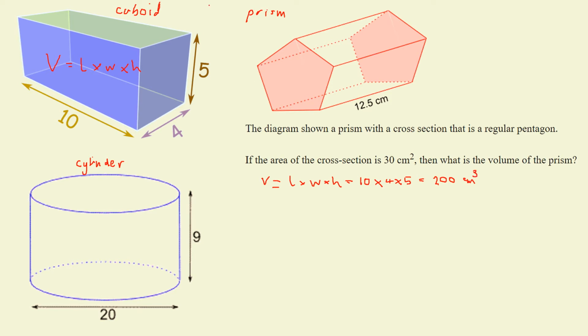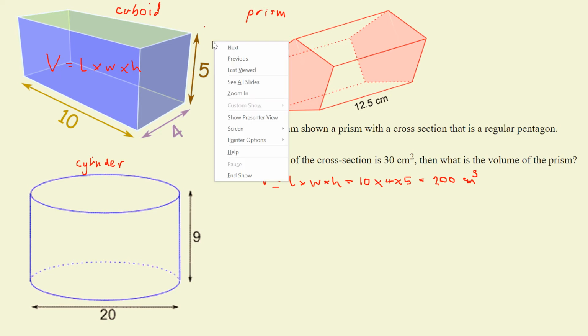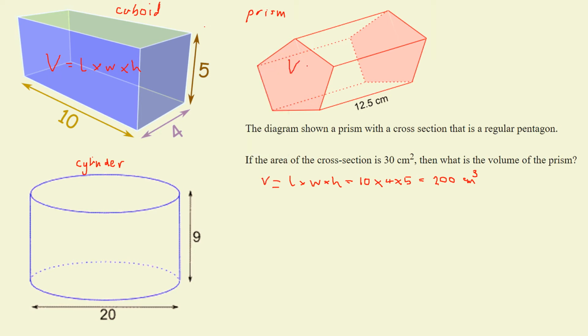If we look at the prism's formula, the volume is the area of its base times its height. So on this one, for our prism, we can say the area of the base times the height.